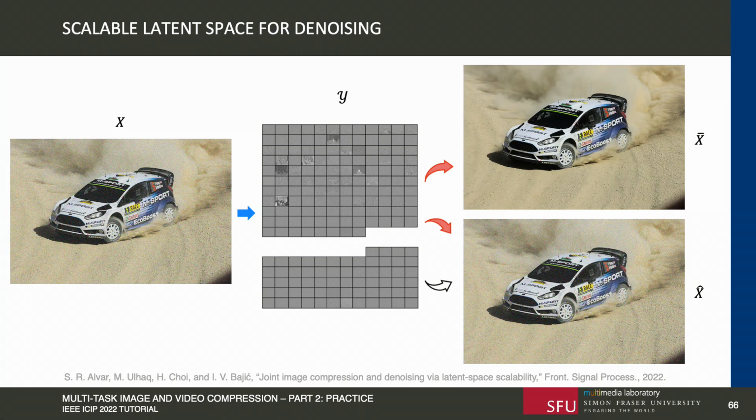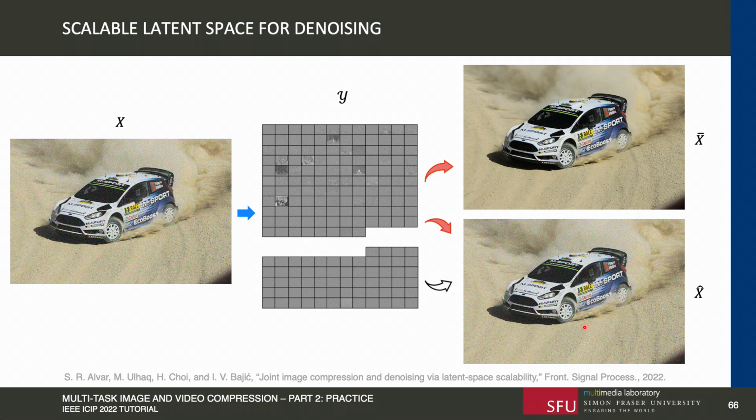So just like before, we can start with an end-to-end trainable image codec and restructure its latent space so that a portion of it is dedicated to the information about a denoised image, whereas the whole of it is used to reconstruct the noisy input image.